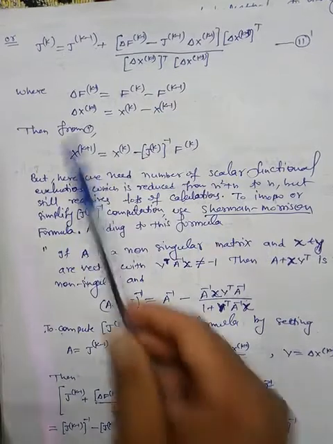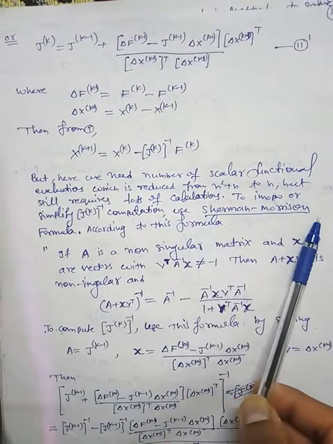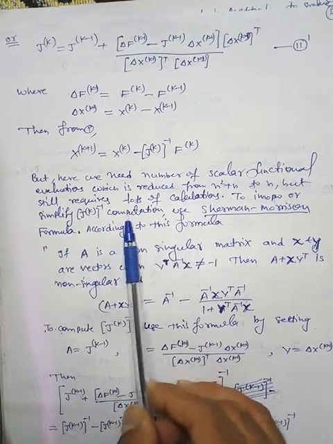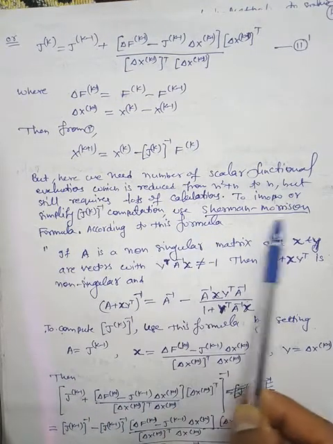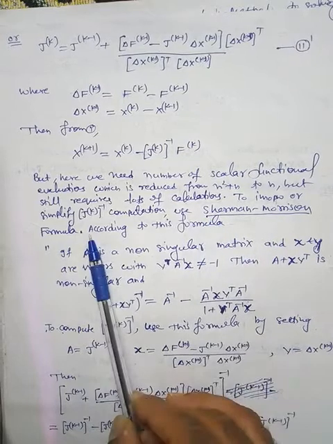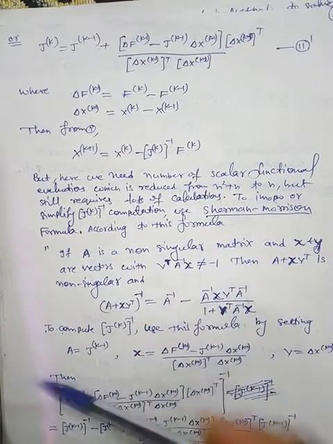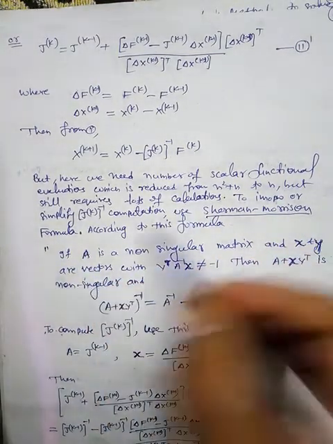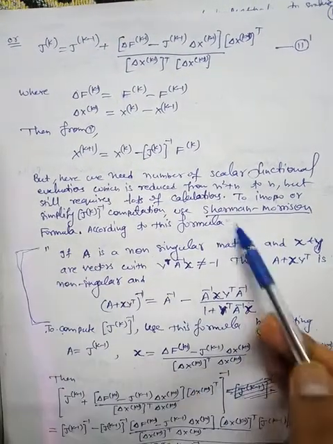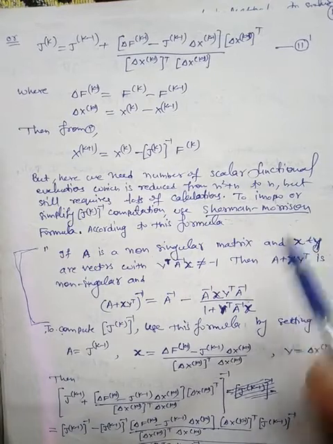So to find this inverse, we will use Sherman-Morrison. To simplify the jk inverse computation, we use the Sherman-Morrison formula. What is the formula?